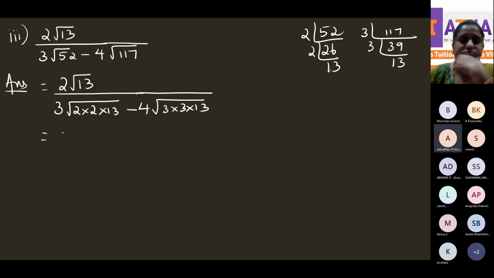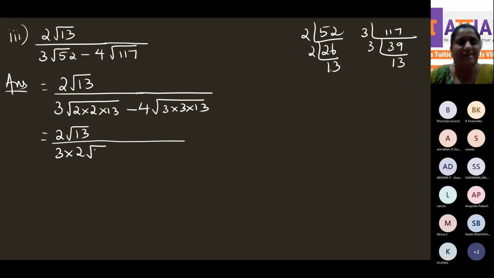Ma'am, I should write the numerator as it is, right? Yes, ma'am. Then 2 root 13 divided by 3 into 2 root 13. Very good. Minus 4 into 3 root 13. Perfect.